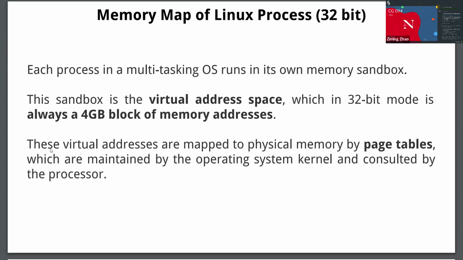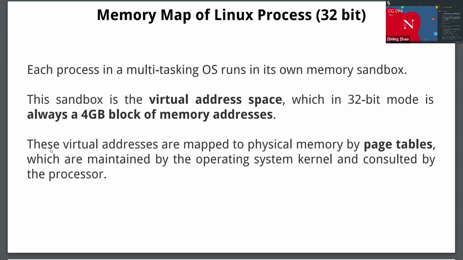But for a 64-bit machine, we're not using the full 64 bits for the address because we don't have that much memory right now anyway. Yeah. I think it's 39 bits. Yeah. So if it's 32-bit, then it's basically 4 GB. And those virtual addresses are mapped to physical memory by page tables.